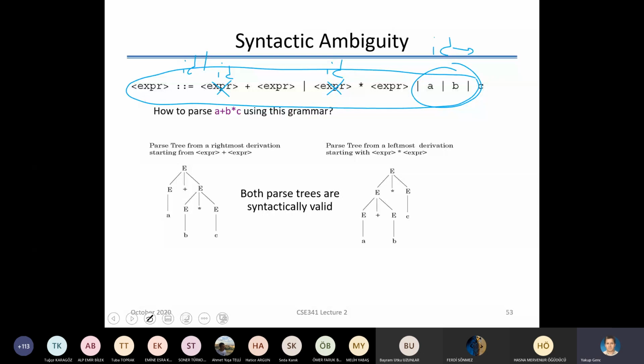There is no way that we can actually guarantee that there is no ambiguity given any grammar, but for some subset of grammars, we can detect them. And if we detect them, we can hopefully go and try to change the rules of the grammar such that that ambiguity is not there anymore. Okay.